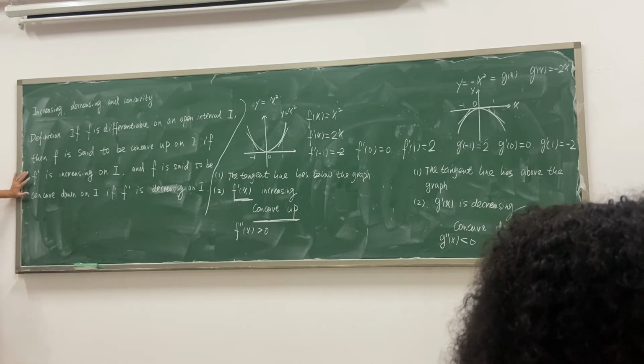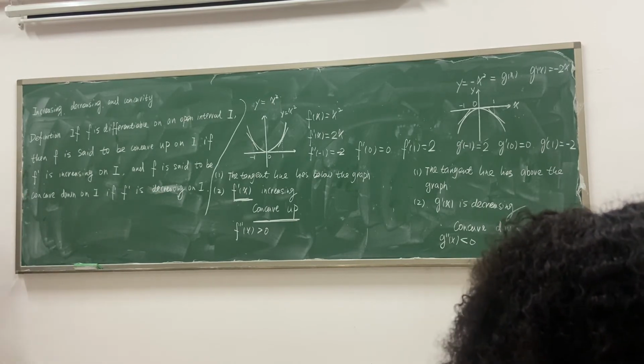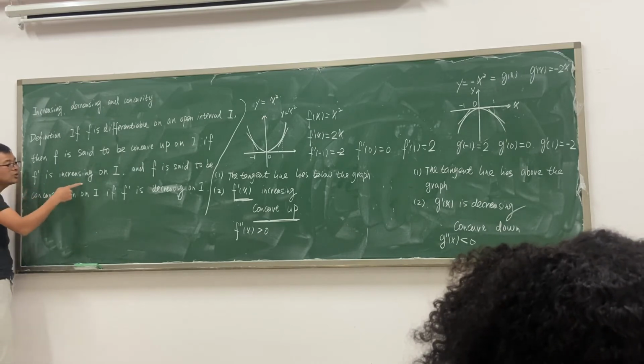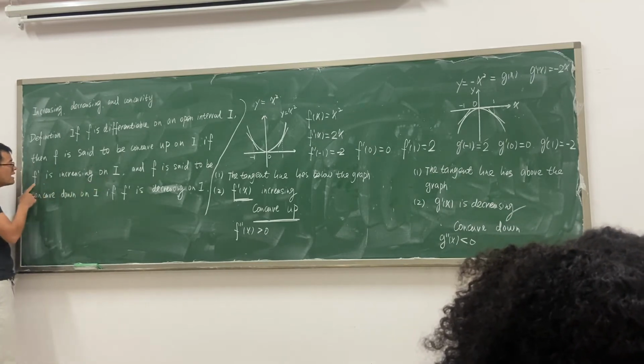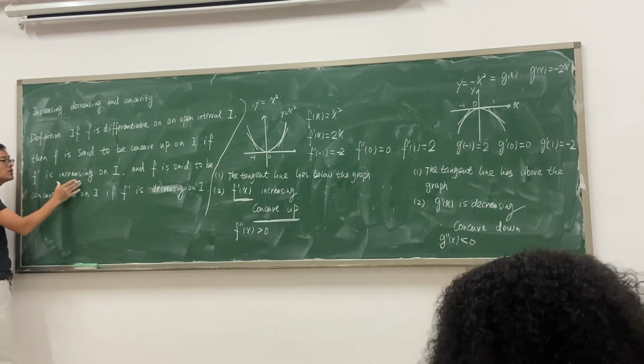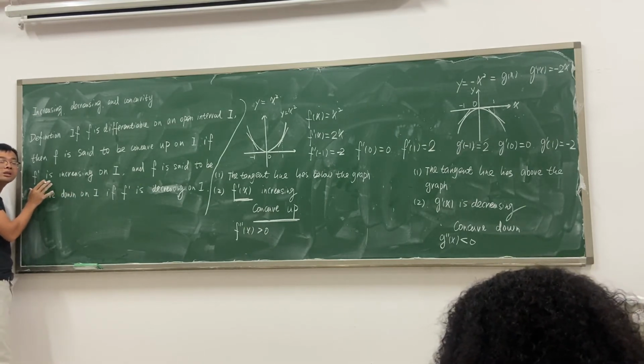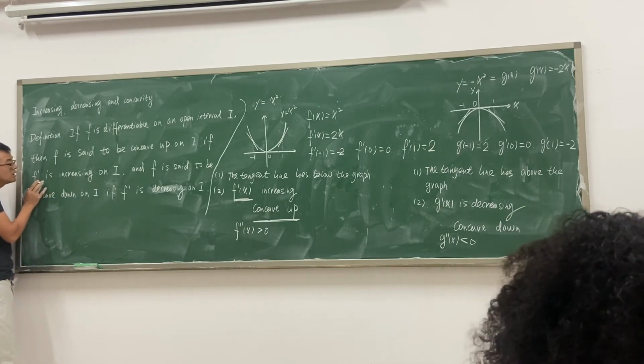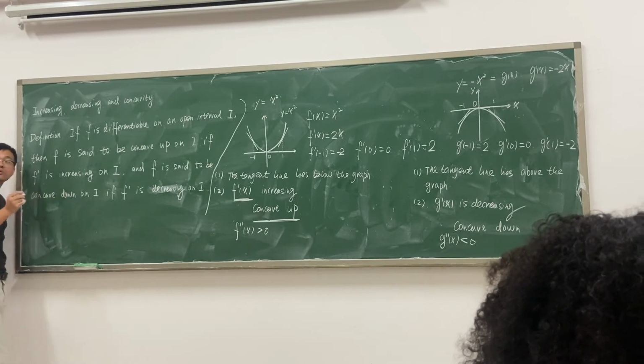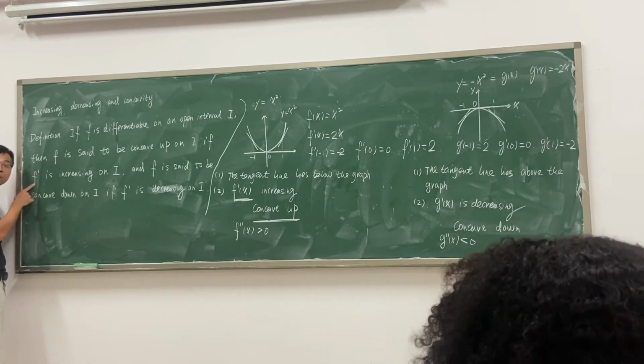So here we can see f prime is increasing on I. How do we determine that a function is increasing? We just need to see the derivative.